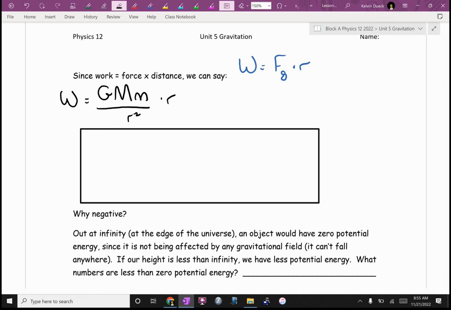Is there an R on the bottom? There's an R squared. You know what? One of the R's cancels. And so we end up with this. Potential energy, I'm not going to call it work anymore. I'm going to say this is the potential energy in lifting, like mgh, but this is cosmic mgh, is big G, big M, little m over R.